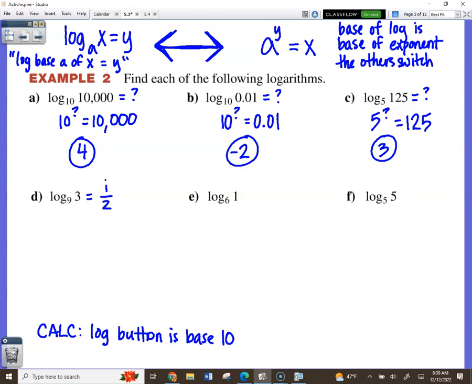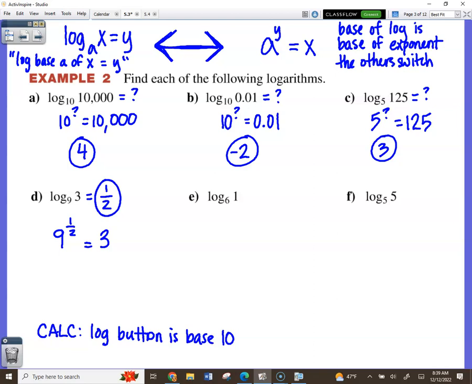Let's rewrite it. I'm going to circle this since that was the answer. All right, the base of the log is what? What's the base of the log here? 9. The other two switch, and the one coming over here is going to go to the exponent's place. Right? Now go back to your rules of exponents.